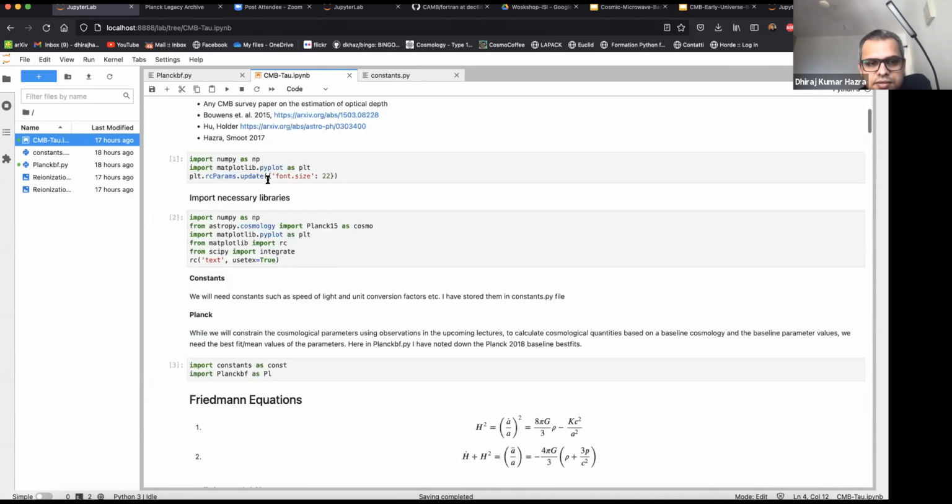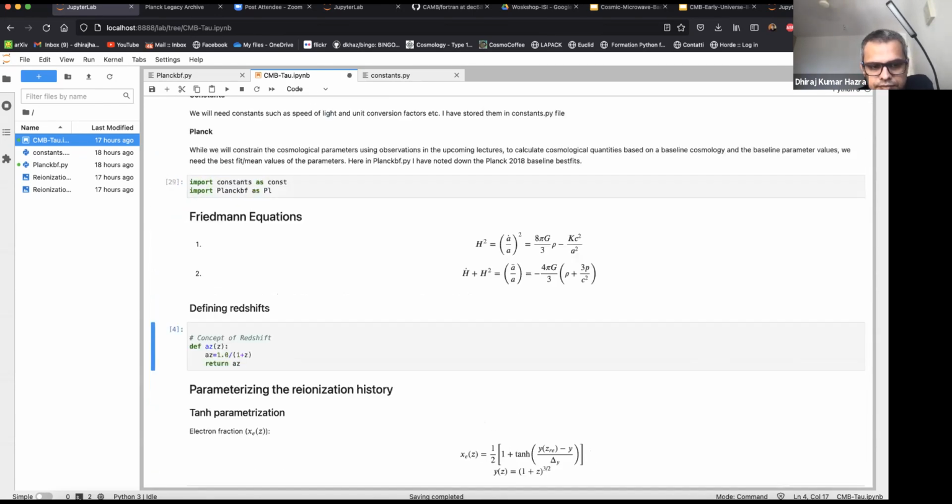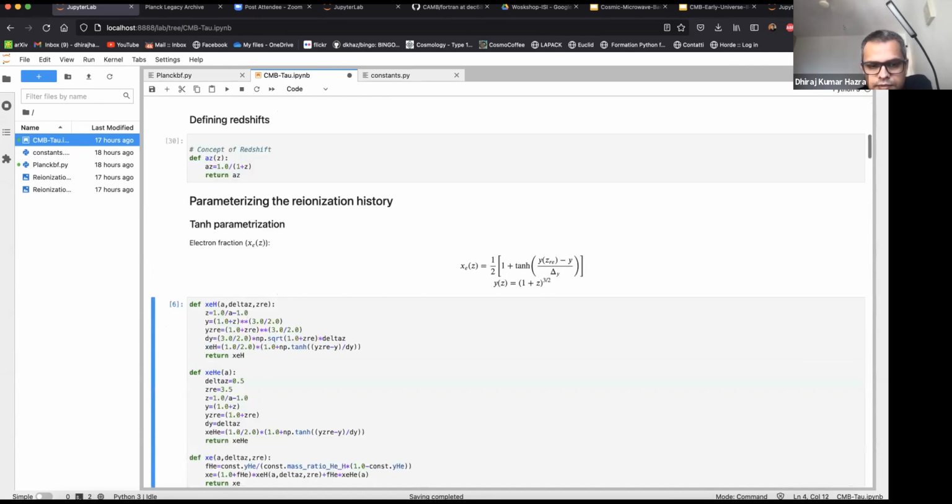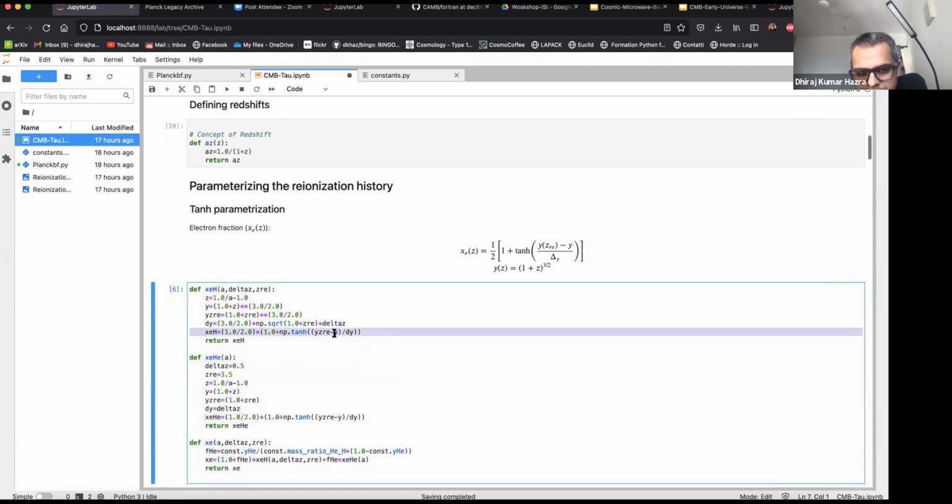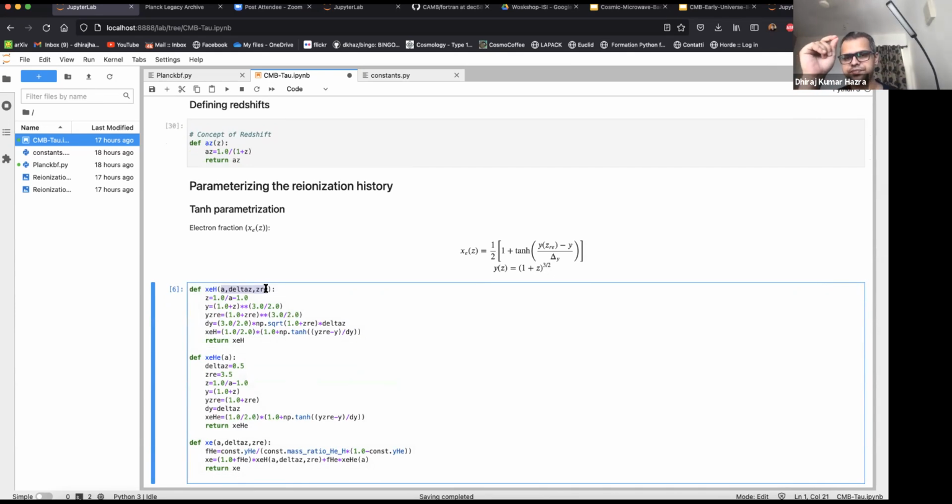Let me just compile all this. XE(z) I've just written in this tanh format. You see, I'm defining dy, defining dXE. So here it is only dependent on a, the scale factor or redshift, delta z, or z_re. z_re is where your XE is 0.5, the reionization redshift when you are halfway through the reionization.